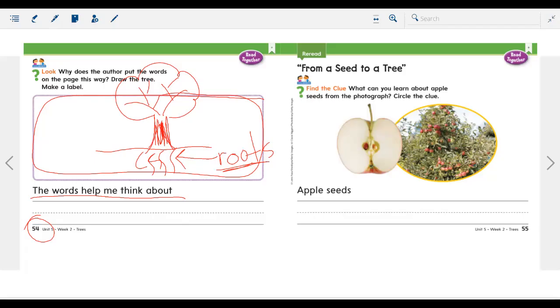So down here, we're going to write, it helped me think about the shape of the tree and the shape of the roots. So the shape of the tree and the roots. All right, make sure your name is at the top of your page.